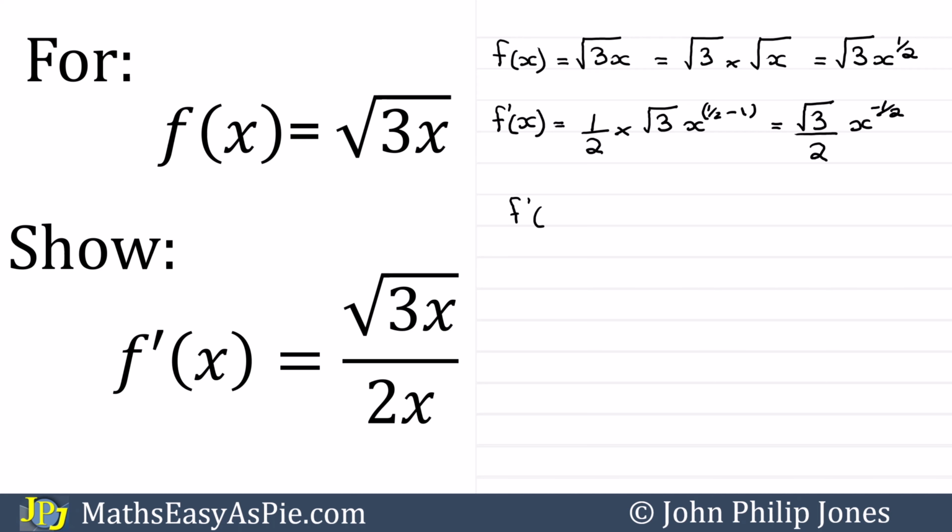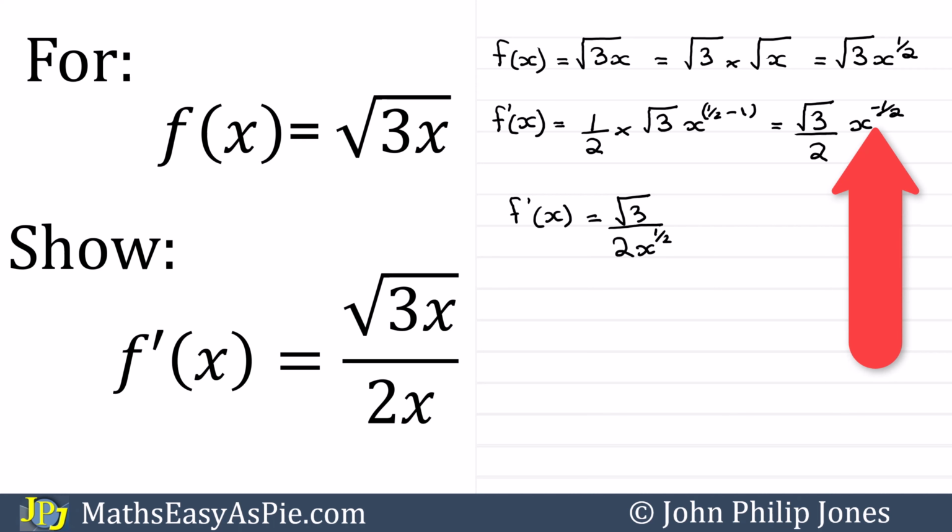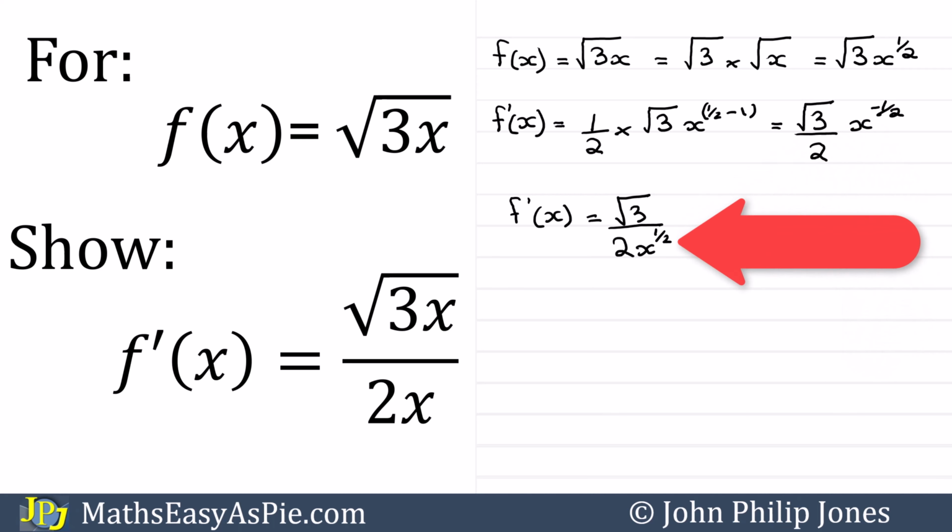f prime of x is going to equal the square root of 3 over 2, x to the half. Now, the x to the half has come from the fact that I brought this x to the minus half underneath the line to make it x to the half. This in turn can be made equal to the square root of 3 over 2 square root of x.